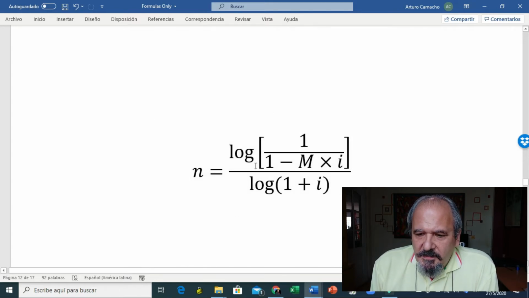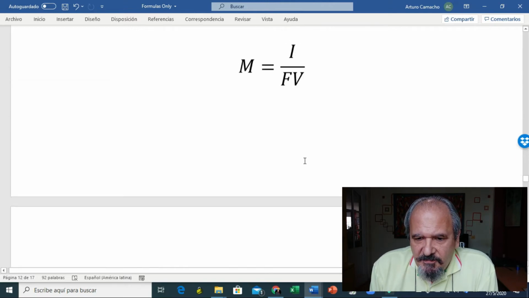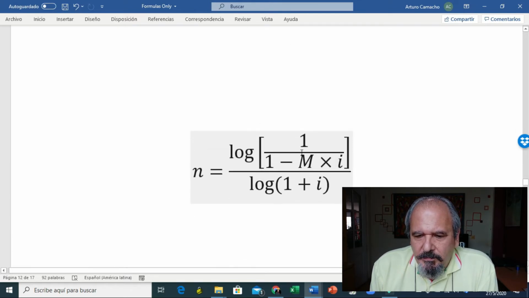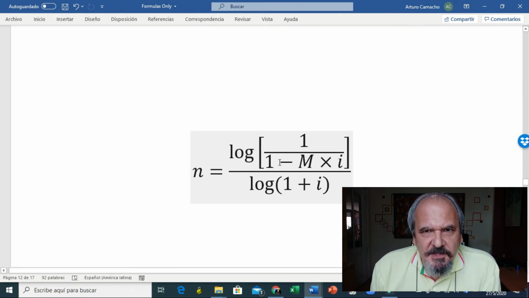So here's the formula. Then you have here the multiplier. Remember that if you have the initial investment divided by the cash flow, then you can use that here as the multiplier. So let's see an example of this.